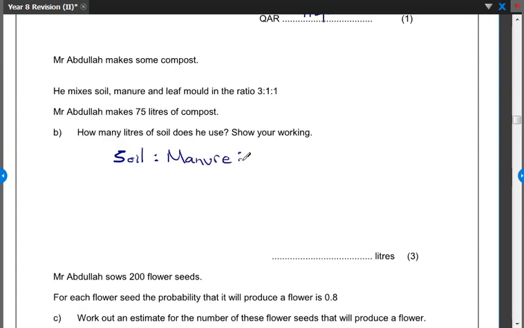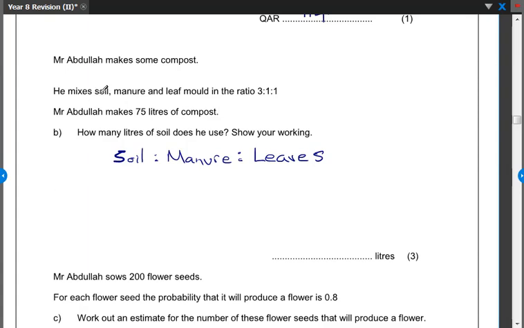So we have to find how many liters of soil he uses. So liter doesn't mean that it's a liquid. Liter is just a measure of space.